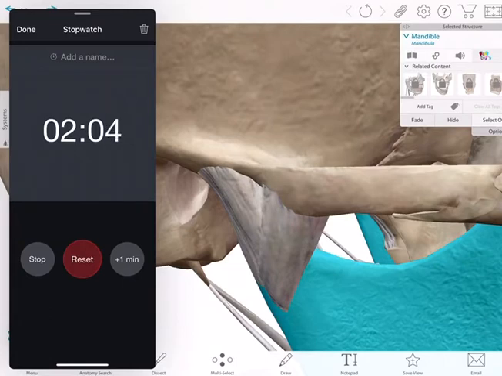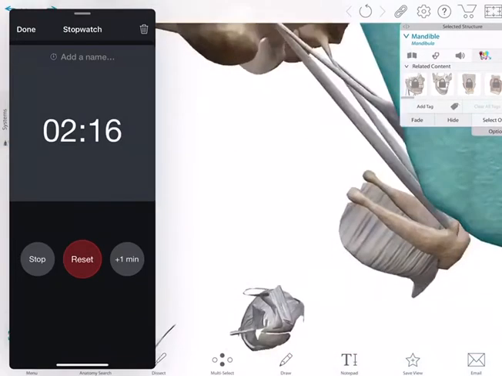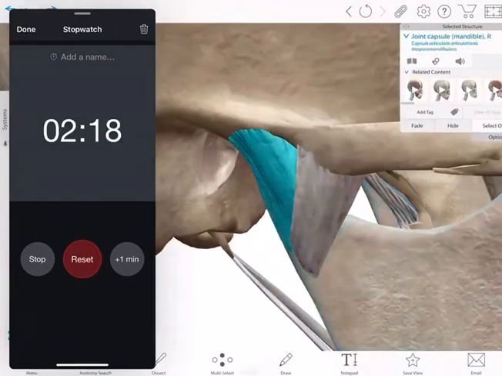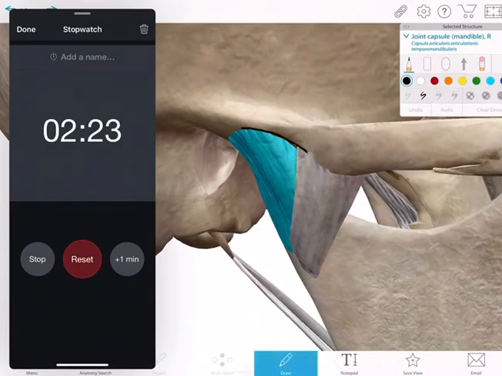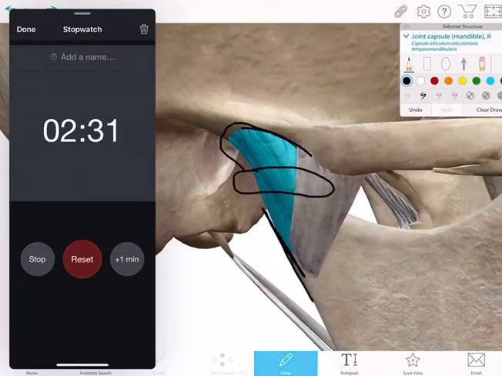Capsule of TMJ. It originates from the border of the mandibular fossa, encloses the articular disc, and inserts in the neck of the mandible. So this is the capsule. It starts here, at the borders of the mandibular fossa, enclosing the articular disc in the middle and inserting in the mandibular neck.